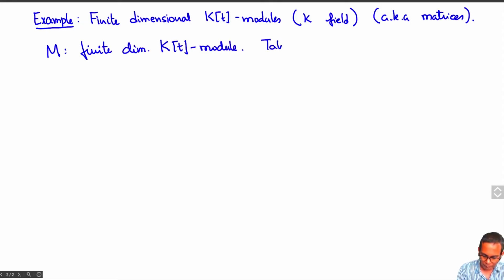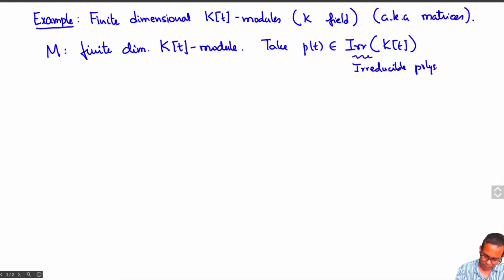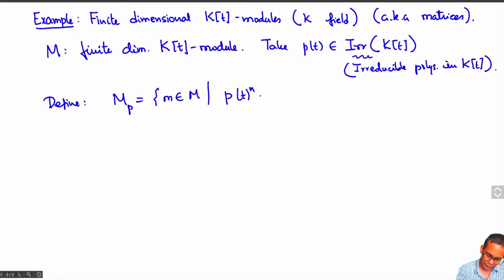And take p(t) to be any irreducible polynomial in K[t]. Then define again the P primary part. M_p equals m in M such that p(t) to the power n times m is equal to 0 for some n greater than or equal to 0.